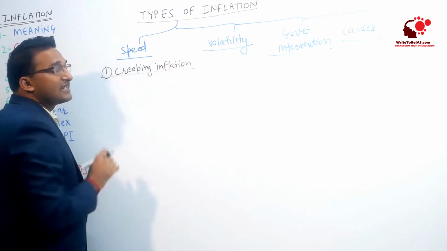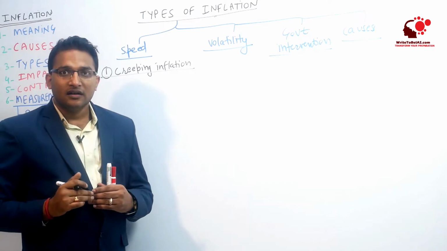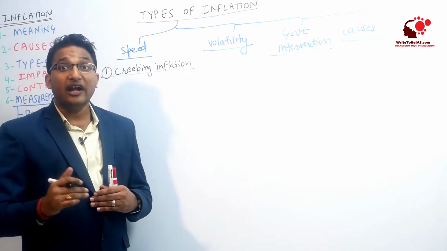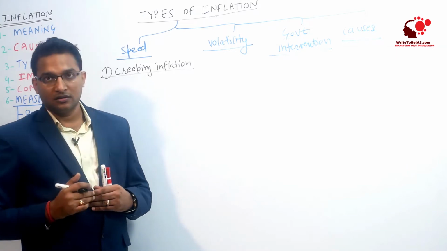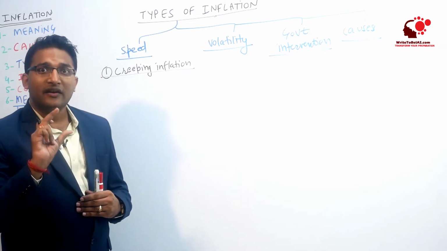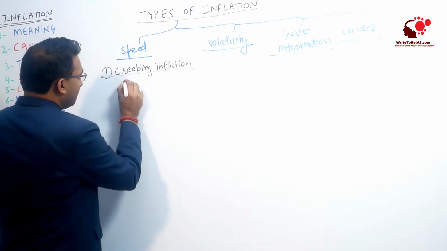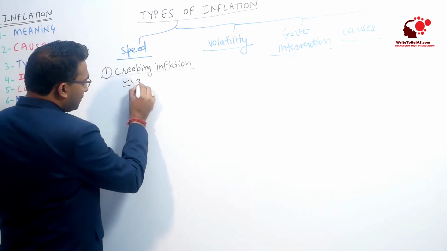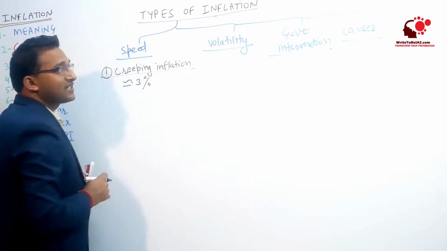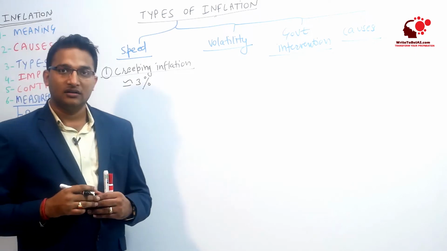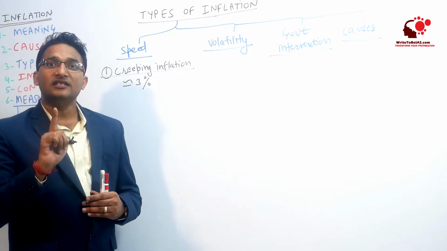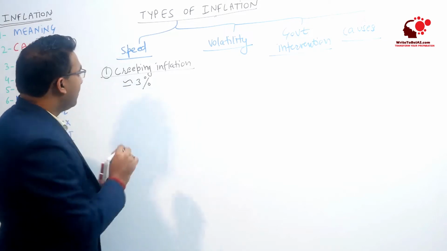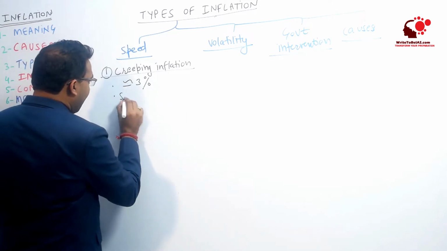The word creeping itself shows that it is creeping, going on toes. When the rate of inflation is less than or equal to 3% year on year, it is called creeping inflation.